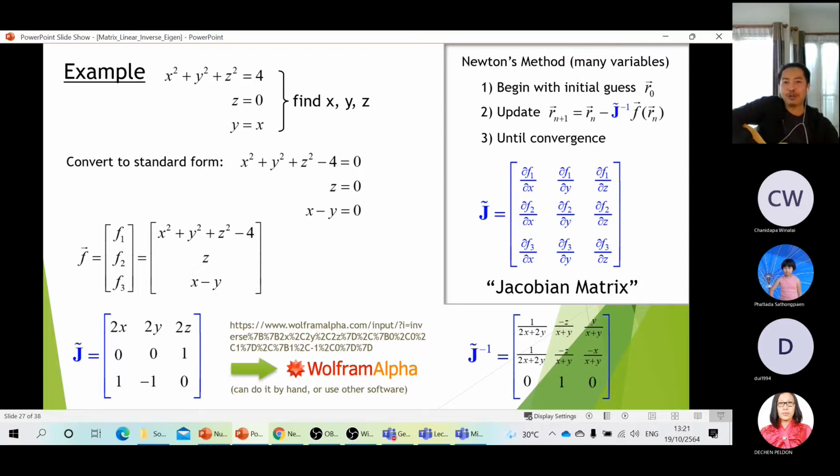In this case, I just plug in this matrix and look at the answer from Wolfram Alpha. You can do it by hand, or you can use software packages to solve for the inverse numerically. Let's go easy with that here and just copy the answer from Wolfram because you want to see the process in the beginning. So I plug this J matrix into Wolfram and I get this inverse like so over here.